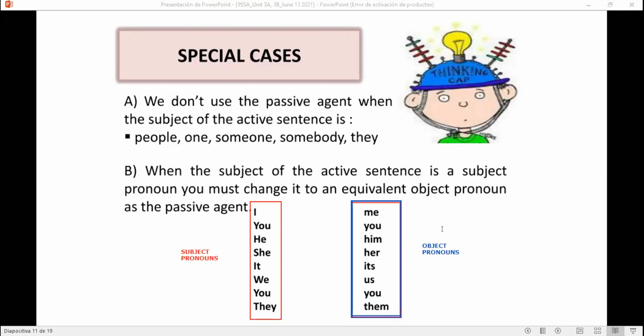Es decir, que cuando ustedes estén transformando de voz activa, podemos ponerle aquí para no equivocarnos. Estos utilizamos en Active Voice. Mientras que los otros los vamos a ocupar cuando estemos hablando de Passive Voice.